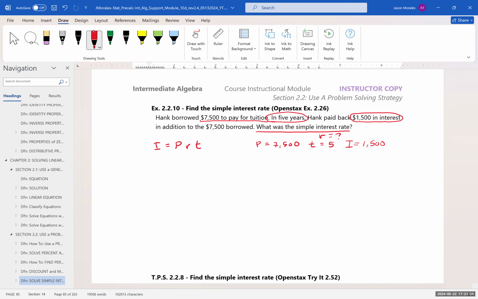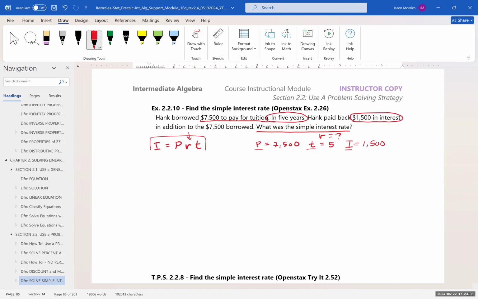Out of this initial equation with 4 unknowns, we have the values of 3 of them. So that leaves us with 1 equation and 1 unknown, so we should be able to solve for the unknown, and the unknown we're solving for is rate. This is a good opportunity to show how, instead of plugging these numbers in first, we rearrange this formula to solve for the rate, and then plug the numbers in second.